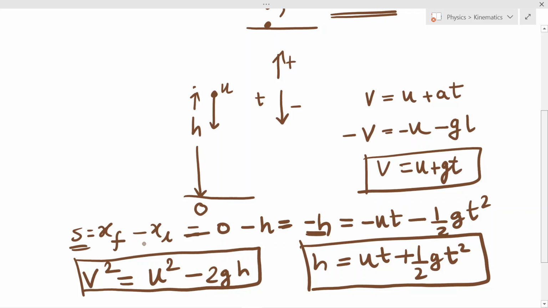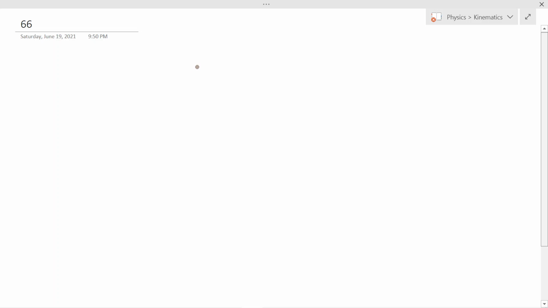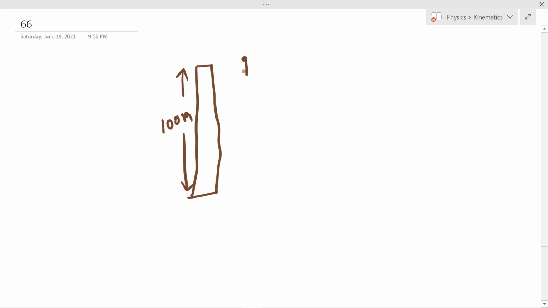Now let's do one or two problems. Let's say there is a body which is dropped from a tower of 100 meter from here. Then calculate its velocity when it reaches the ground.